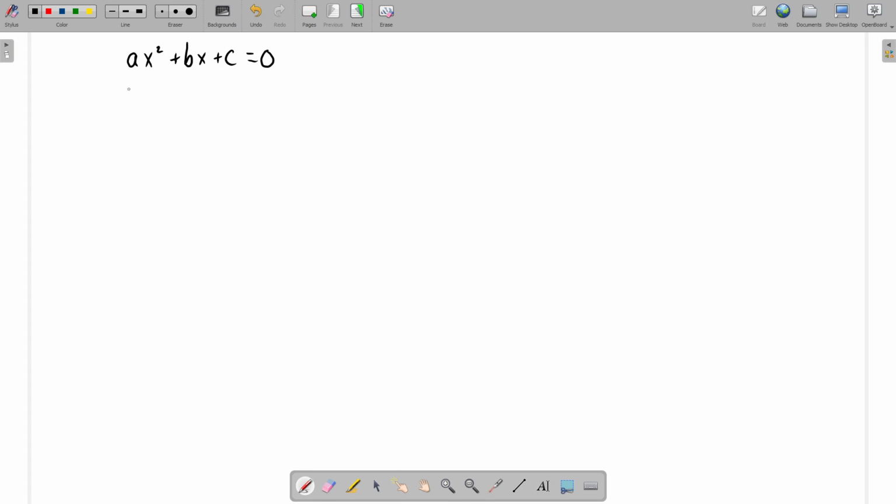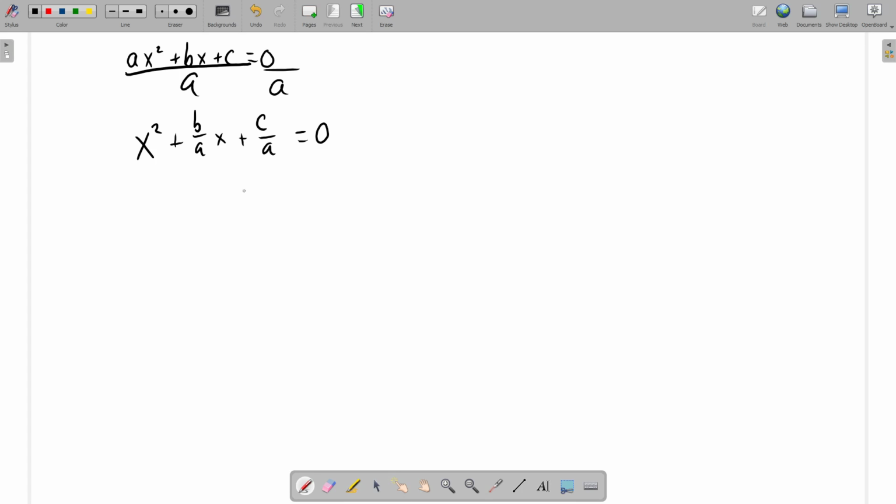The first step in completing the square, we should remember from last video, is to divide everything by the coefficient in front of x squared. In this case, that's a. So if we divide everything by a, we're going to have x squared plus b over a x plus c over a is equal to 0 divided by a. 0 divided by anything is 0.